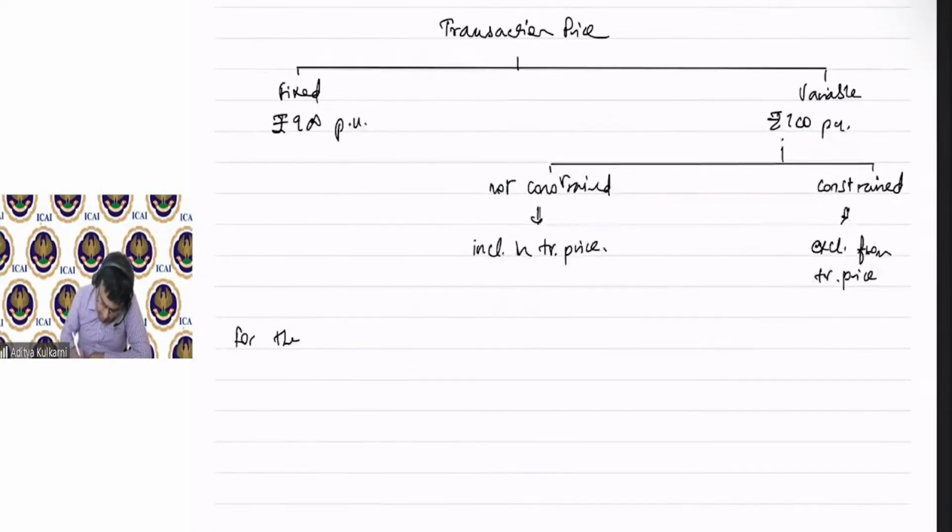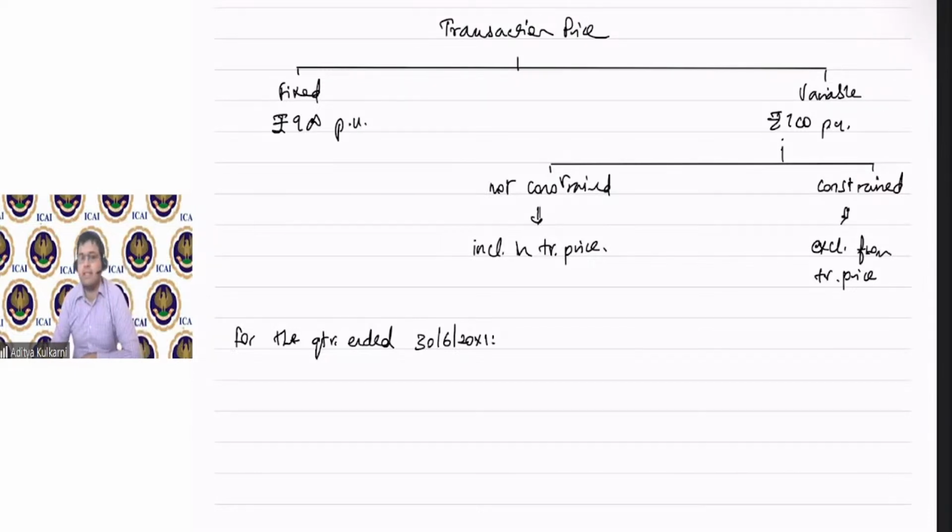And therefore, for the quarter ended 30th June 20x1, is that 100 rupees consideration constrained? Answer is no, it is not constrained. And because it is not constrained, you will include it in the transaction price. Not constrained, because he knows the pattern.